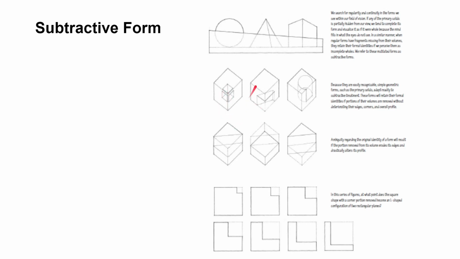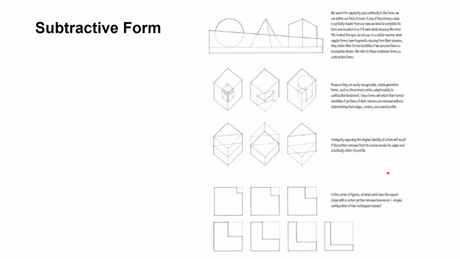Same for this one. You have this main form in which these shapes or forms will be subtracted from the base form. Whenever you do subtraction, this will happen. Basically it's subtractive in form, so it will be taken apart from the whole object or the whole shape.